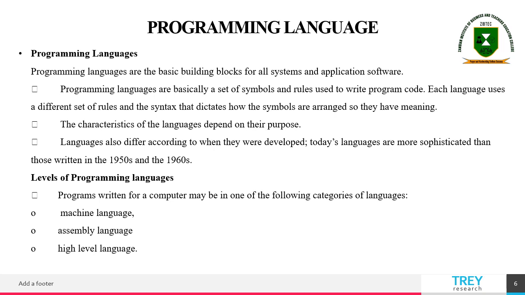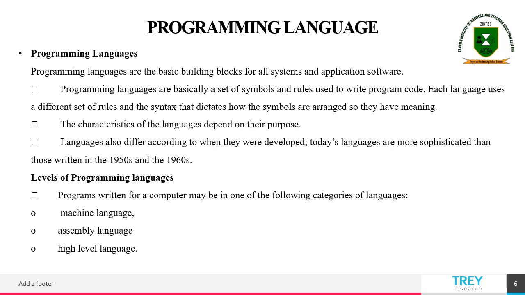Alright, so now let us also look at the levels of programming languages. Programs written for a computer may be in one of the following categories of languages. The first one, machine language. We'll look at machine language in detail after this slide, but you should know the definition: this is the language that the computer understands.